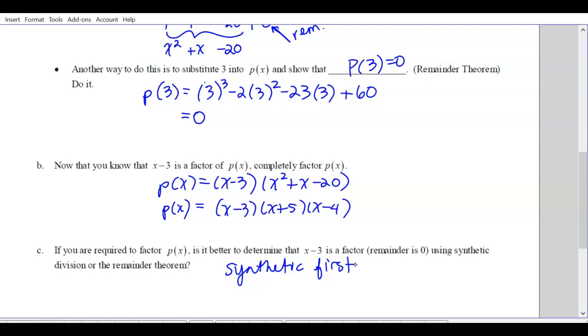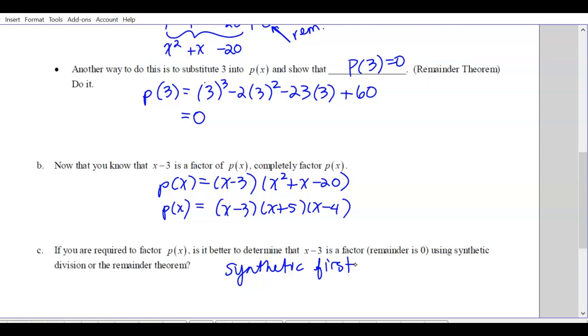So what we had to do is test numbers, and there's a strategy, we're going to learn that in a second. Test numbers and substitute them in until we got one that gave us 0. Okay, then we knew we had a factor. But we didn't have a graphing calculator. So we had to do that and then use our synthetic or long division.